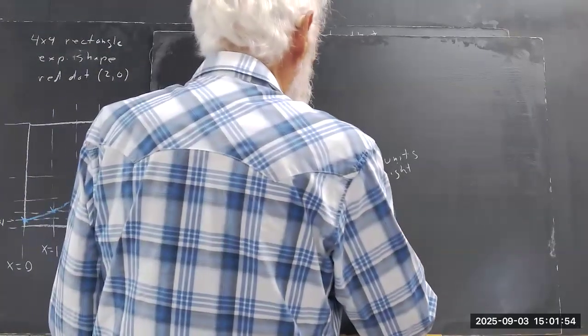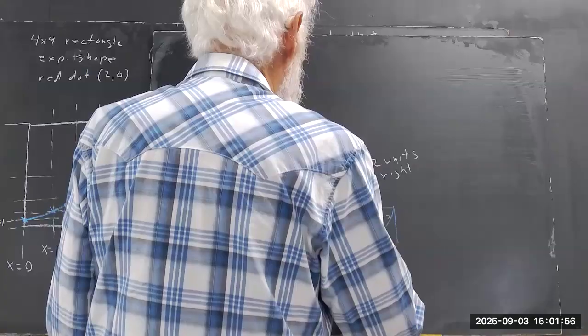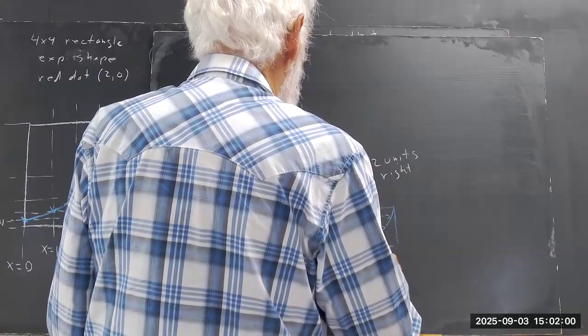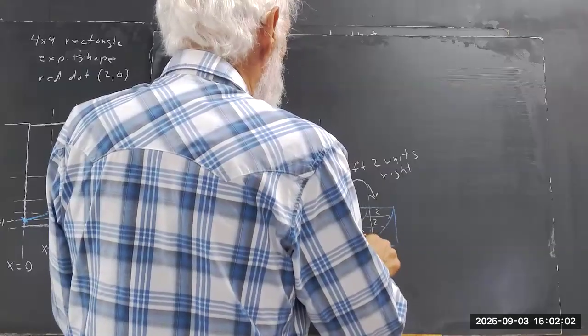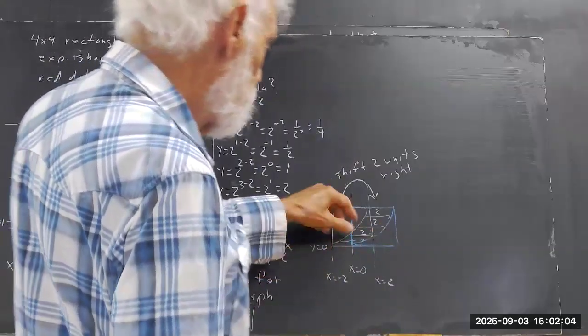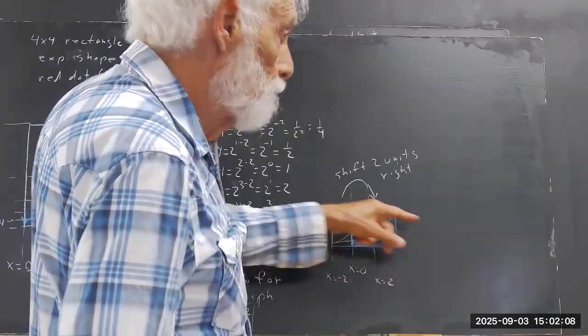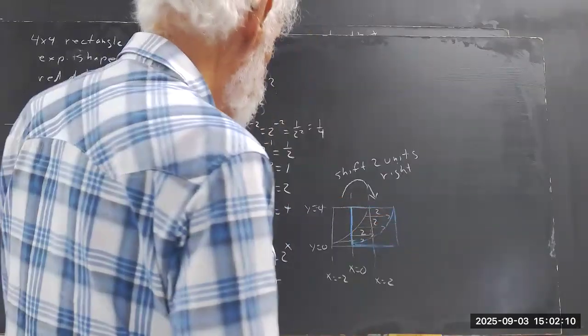We shift each point of this graph 2 units to the right. Every one of these arrows ideally would have length 2. Every point of this graph corresponds to a point of this graph, but it's 2 units to the right.